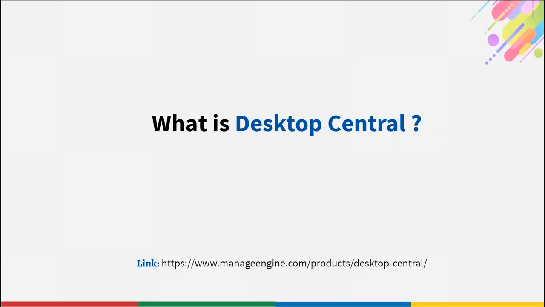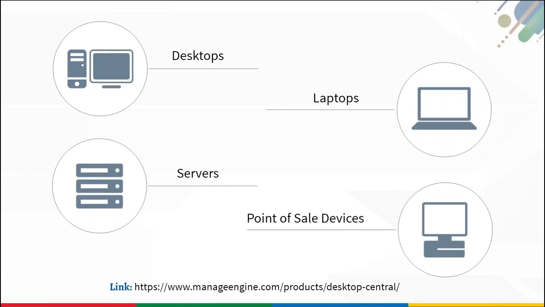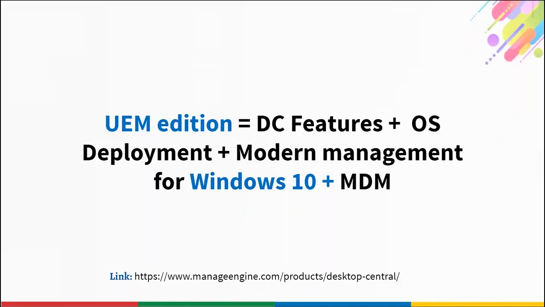So Desktop Central offers an umbrella approach as a unified endpoint management to manage all the endpoints and devices within an organization and also the devices which travel outside the organization. These are all the devices that Desktop Central can manage.